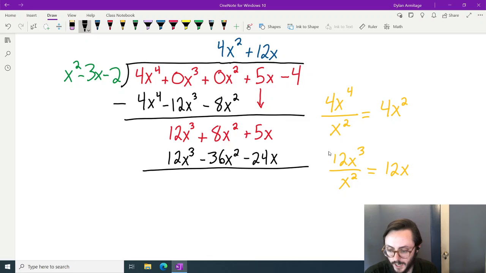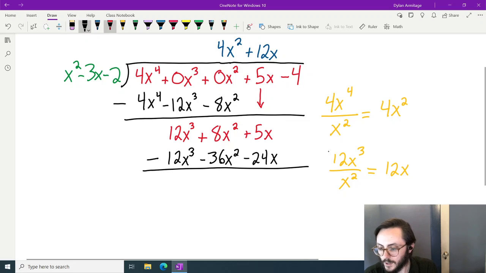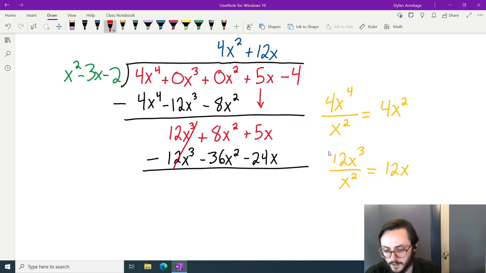Once again, we subtract. 12x to the third cancels out, just like it did up here as well. 8x squared minus negative 36x will give us positive 44x squared. 5x minus negative 24x would be positive 29x.